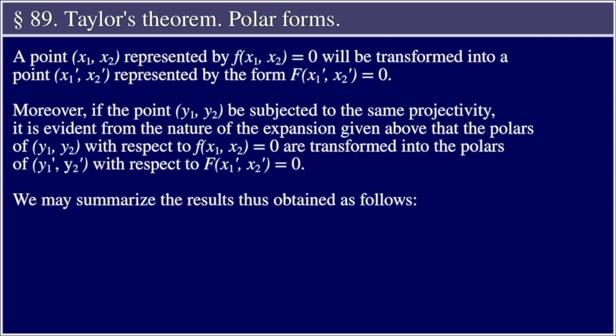Moreover, if the point y sub 1, y sub 2 be subjected to the same projectivity, it is evident from the nature of the expansion given above that the polars of y sub 1, y sub 2 with respect to f of x sub 1, x sub 2 equals 0 are transformed into the polars of y sub 1 prime comma y sub 2 prime with respect to f of x sub 1 prime, x sub 2 prime equals 0. We may summarize the results thus obtained as follows.